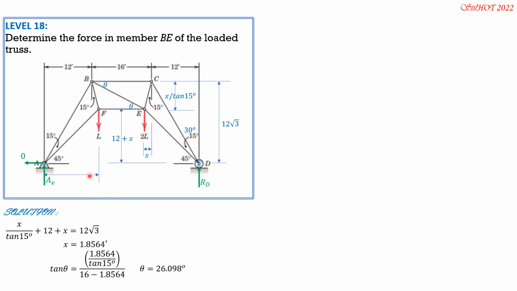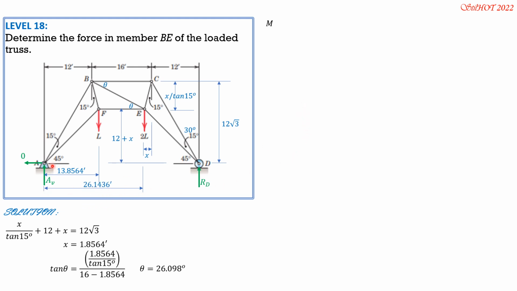So this distance is equal to 12 plus x, so 13.8564. While the distance of the load 2L from A is 12 plus 16 plus 12 minus 13.8564, which is also 12 plus x, so that's 26.1436.